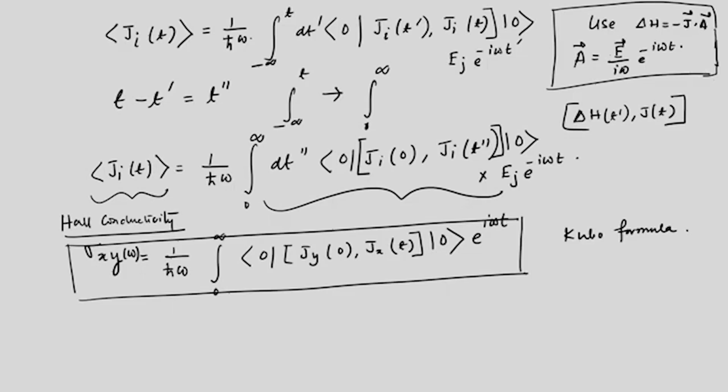So what we do next is that this is pretty much the formula that we wanted to derive, but it is not yet in a form that we can use to compute. Let us get it into a form that we can compute. We can write J(t) equal to U inverse J(0) U, and we have seen this.